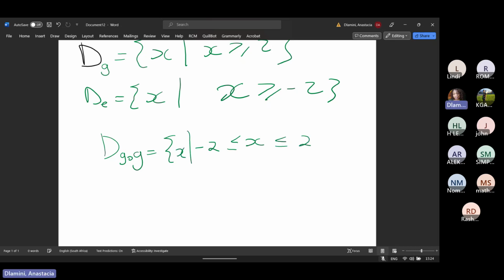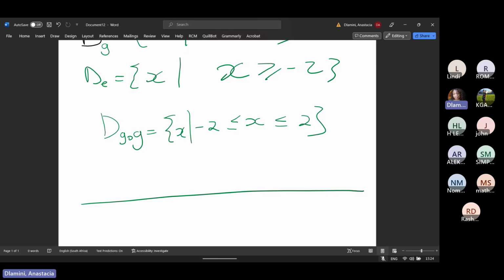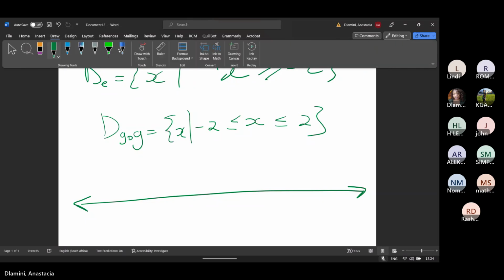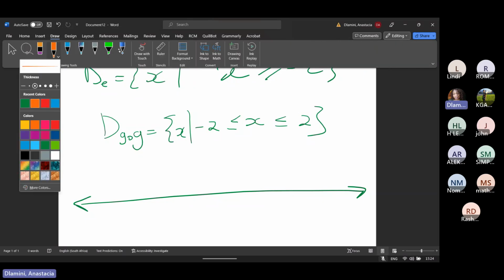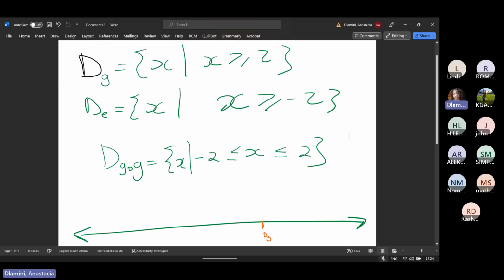Do you know how we get this one? Yes, ma'am. Draw a number line. Just as a reminder. I want it to be inside the head. So we draw the first, let's start with D of g. We know D of g is what? Is 2.